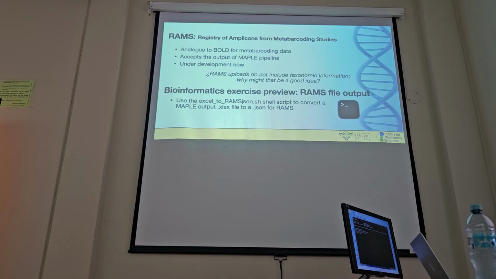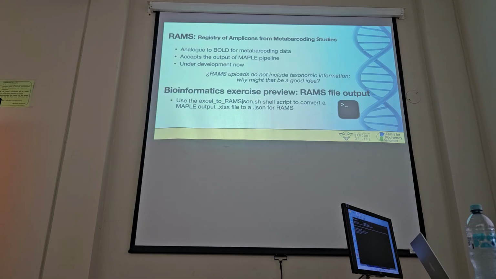Okay, and so one thing, just a little discussion point. When we take the metabarcoding results from MAPLE, we tell the user what the taxonomy of the ASV is, but we don't take that information and put it online and store it ourselves.